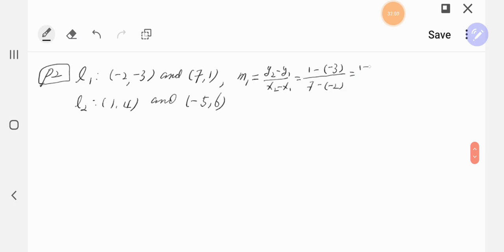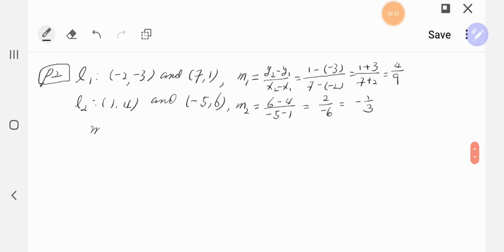So this is 1 plus 3 over 7 plus 2, so 4 over 9. So 4 over 9 is the slope of the first line. And let's find the slope of the second line. y2 minus y1 over x2 minus x1, so 2 over negative 6, then negative 1/3.